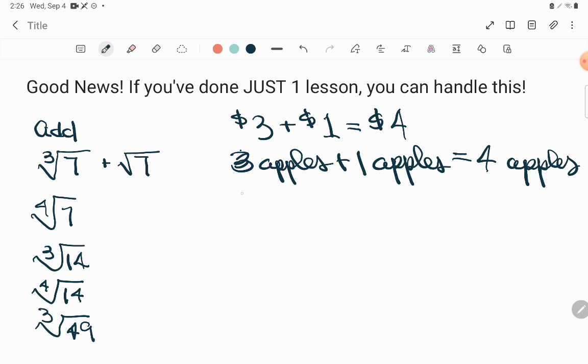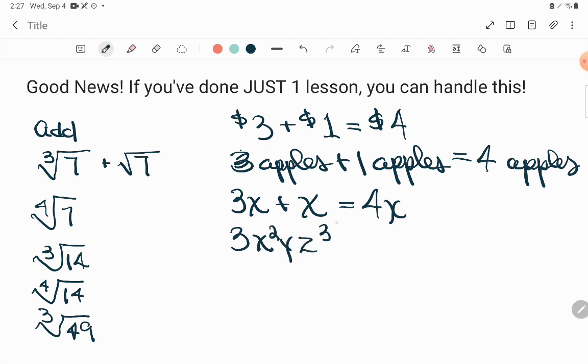We can up that game. We can use x's: 3 x's and 1 single other x gives us 4 x's, and it really doesn't matter how ugly this thing gets. I could have 3x squared yz cubed. That's disgusting. But if I add it to another of the exact same disgusting thing, another x squared yz cubed, you might say there's no number in front of it.